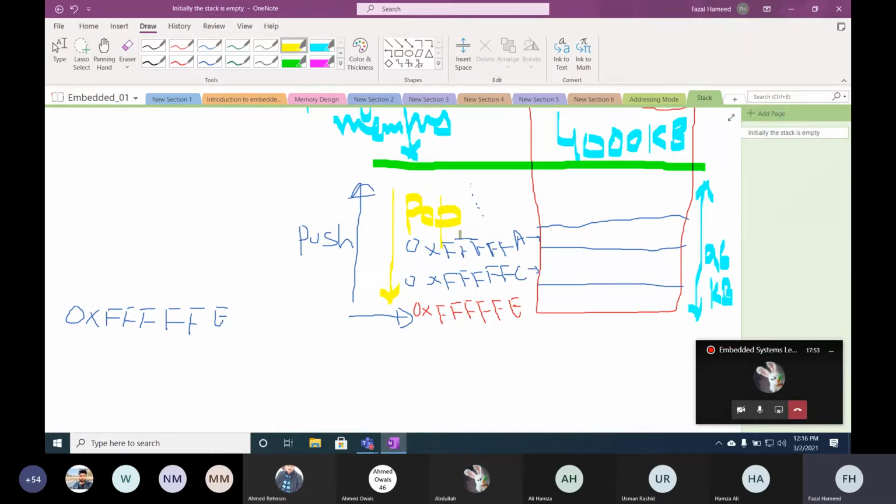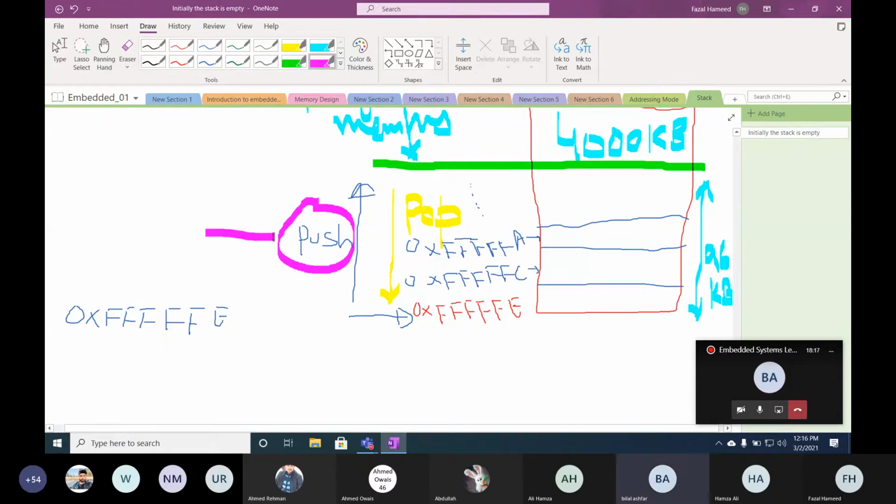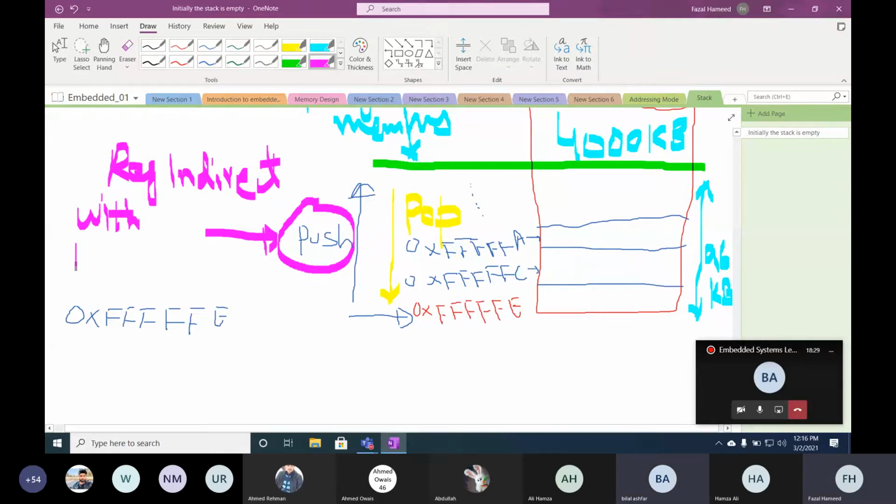If we have a stack addressing mode, which register addressing mode will we use? Because we are pushing, we need an addressing mode that has a pre-decrement. Register indirect with pre-decrement. Why pre-decrement?